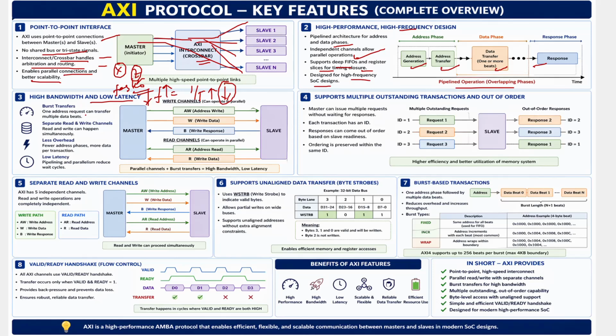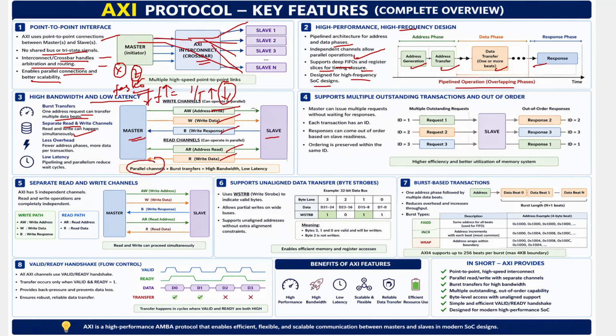See, one address request can transfer multiple data, multiple data beats. Beats means how many data we are transferring in one transaction. Separate read and write channels, so it is happening simultaneously. Master is there and slave is there; write address channel, write data and write response are there. For read, read address and read data are also there.